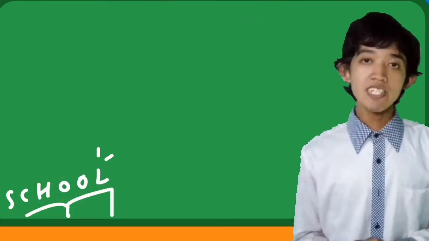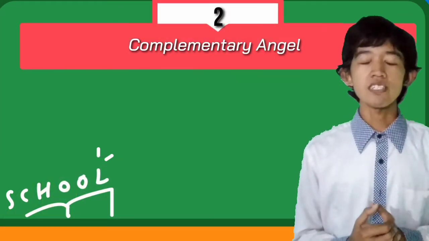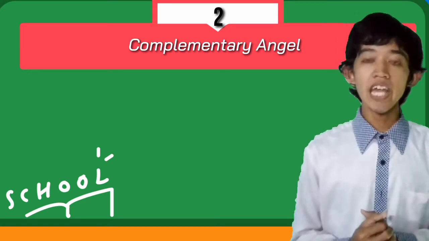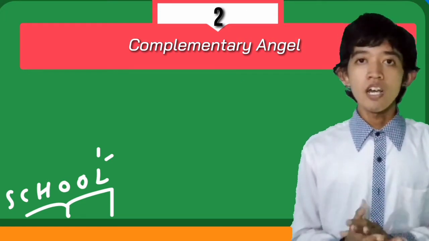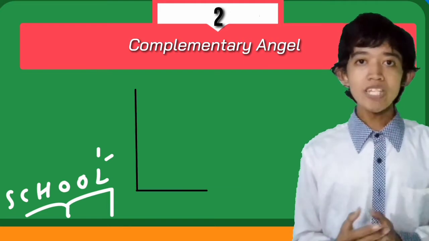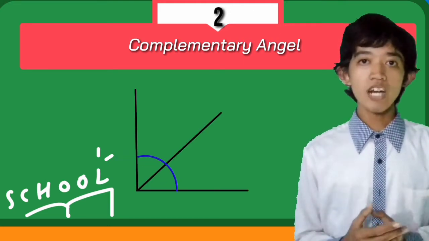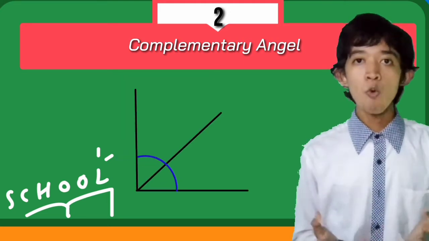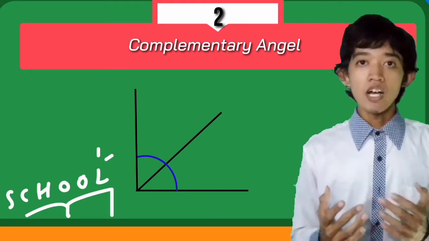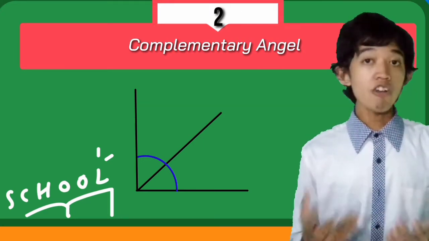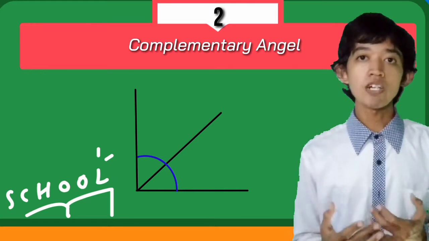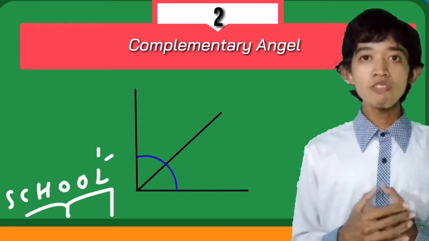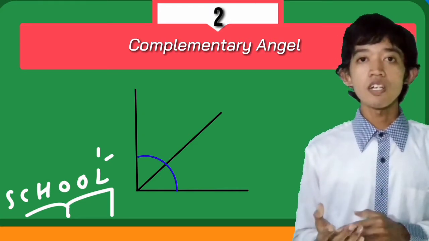Okay. Next is complementary angles. Complementary angles is a condition in which two angles form a right angle, where one angle is the complement of the other. This is similar to the previous one.